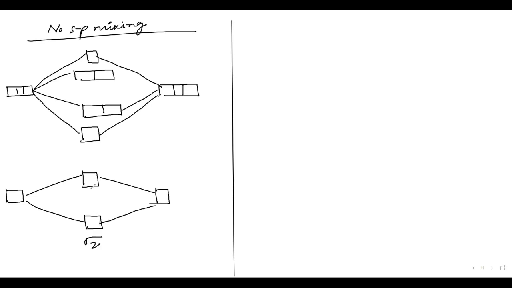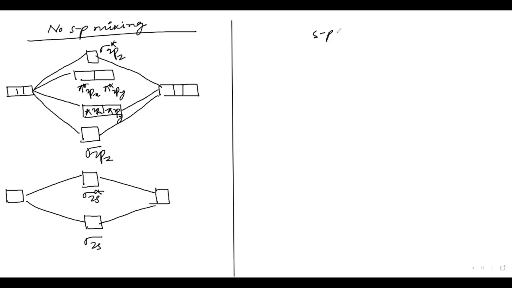Now this is sigma 2s. This will be sigma star 2s. This will be sigma 2pz. This will be pi 2px, pi 2py, pi star 2px, pi star 2py. This will be what? Sigma star 2pz.